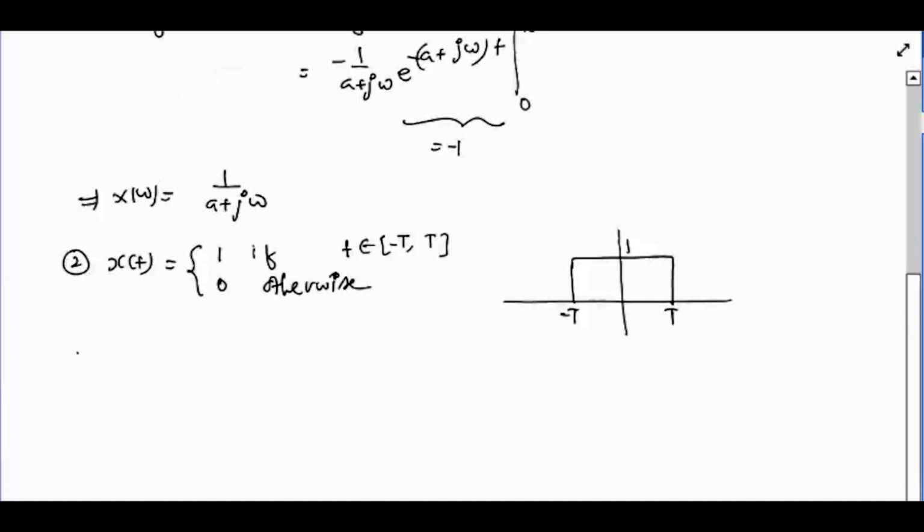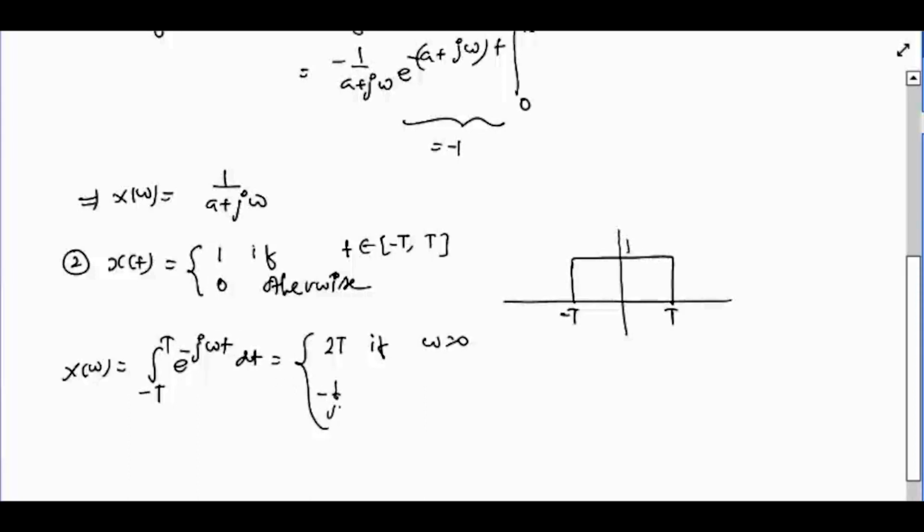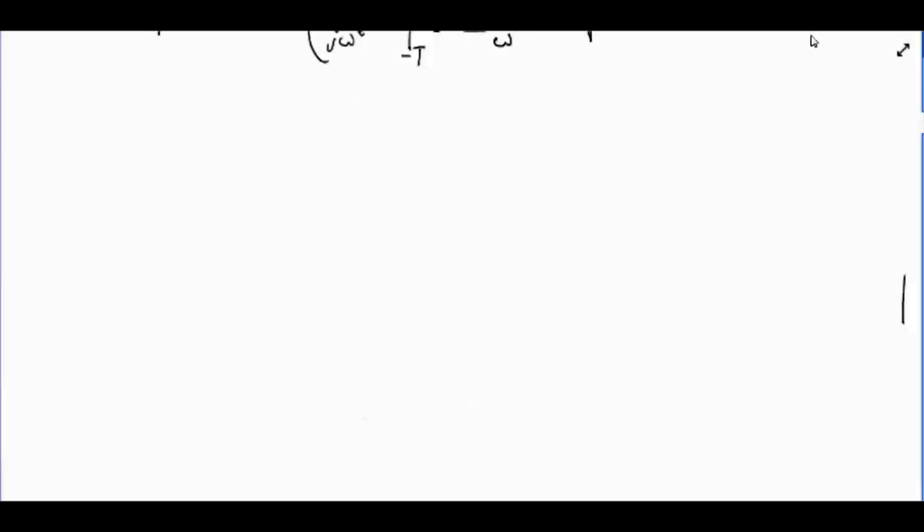Now if we apply the above definition, we get X(omega) equal to the integral from minus T to T of e raised to minus j omega t dt, which is 2T if omega is 0, and minus 1 over j omega e raised to minus j omega t from minus T to T, which is 2 sine omega T divided by omega, and this is if omega is not equal to 0.